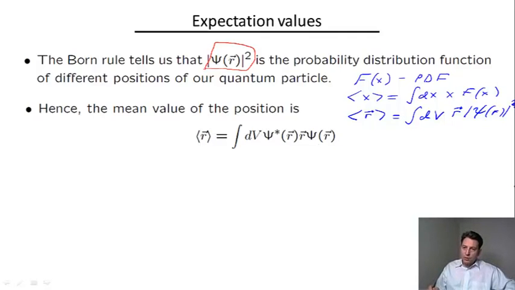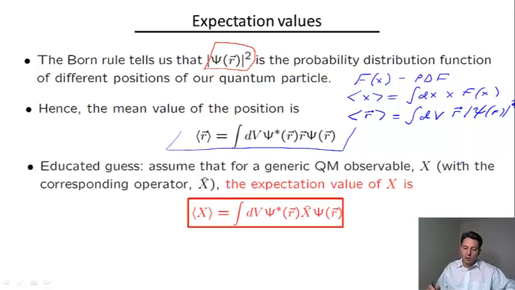Now comes the generalization of this definition of the expectation value of a coordinate to the general case of an arbitrary quantum mechanical operator. Let's say we have a classical property x, let's say momentum, angular momentum, coordinate, energy, whatever. And let's assume we know the quantum mechanical operator associated with it, some x hat.